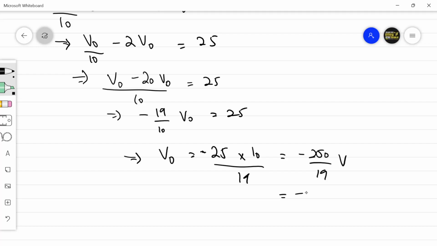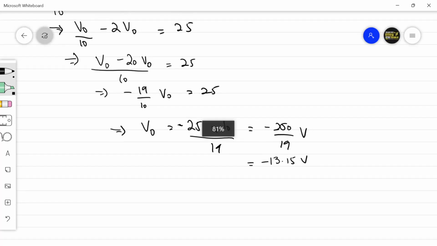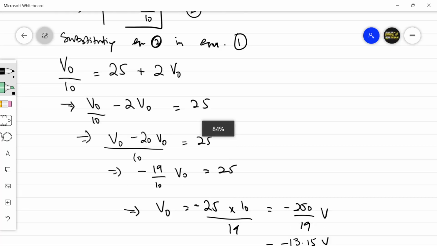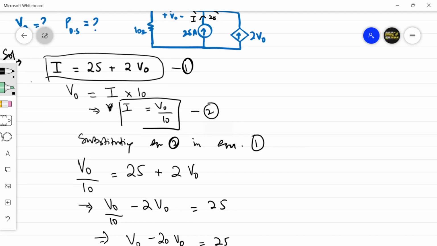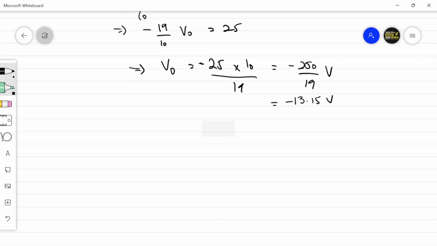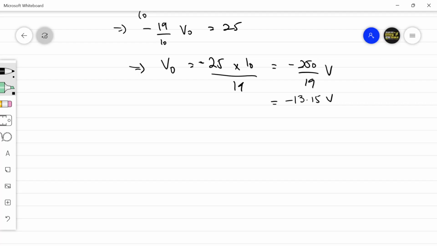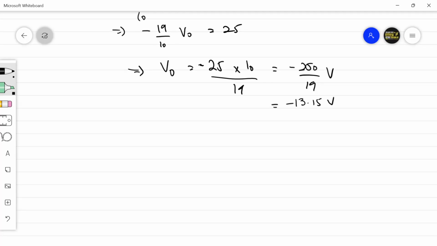This is equal to minus 13.15 volts. So we have obtained one part of this problem, that is value of V naught. We need to now obtain the power that's actually absorbed by the dependent source.